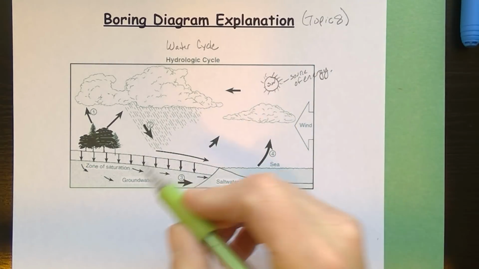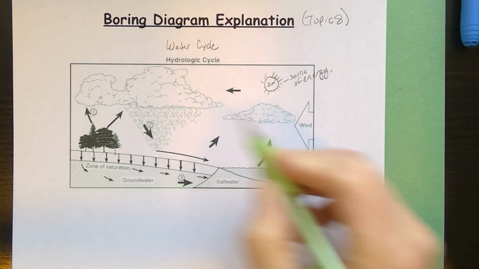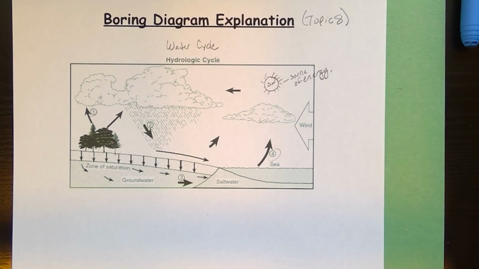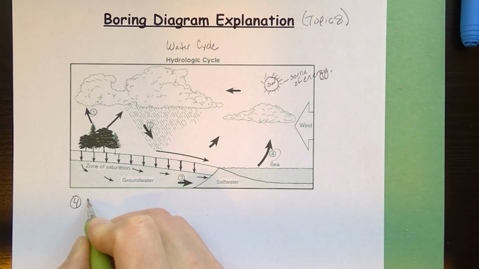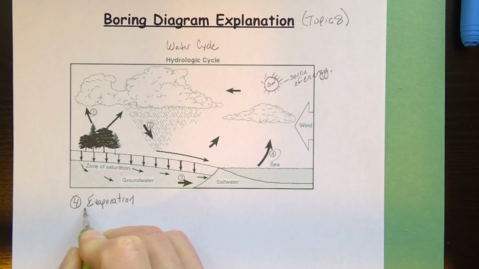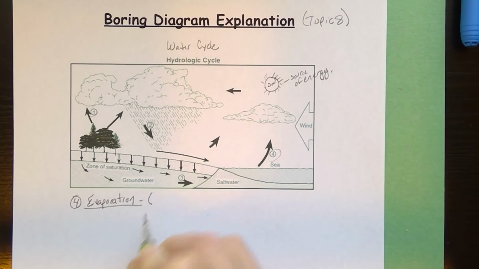So when you're looking at this diagram, you have number 1 and you have number 4, and both of these indicate that moisture is going into the atmosphere. Now, 4 is probably the most important process. 4 is evaporation. Okay, you should know that evaporation is the phase change from a liquid to a gas.